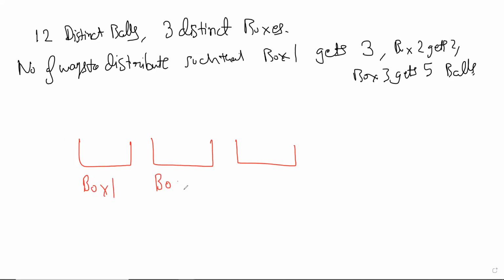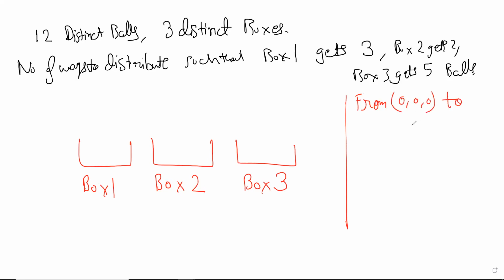Box 1, box 2, box 3. Number of ways to go from 0, 0, 0 to 3, 2, 5.